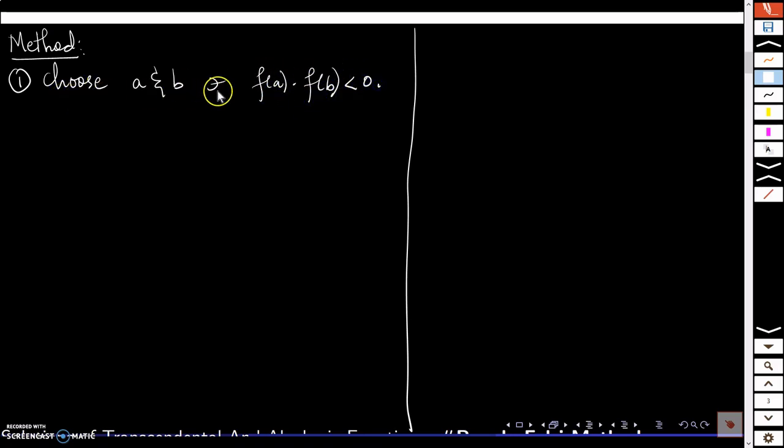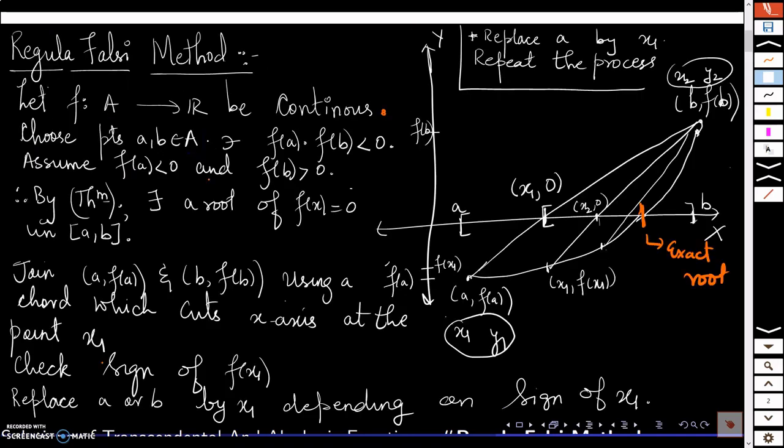In some cases, these a and b are given to you. If it is not given to you, you have to look out for a and b such that f of a into f of b is negative. The second step is to find the point x1 which I have on the graph on the previous slide. So I have to find this point x1 here. That is the first approximate root.